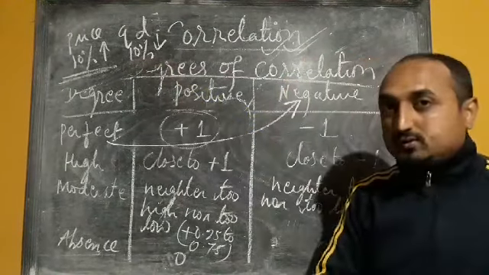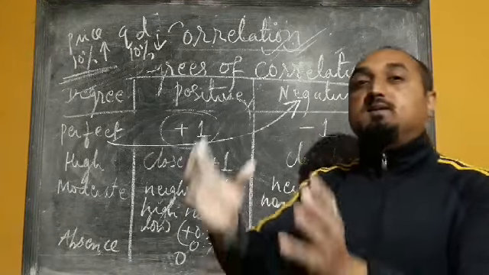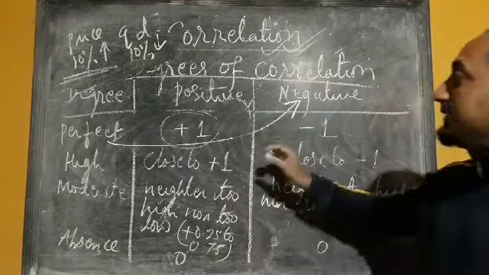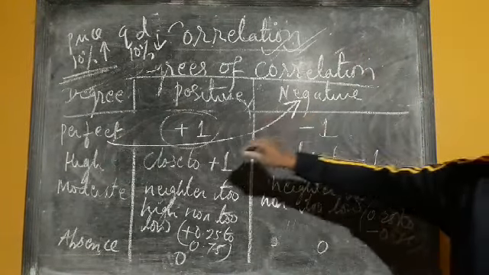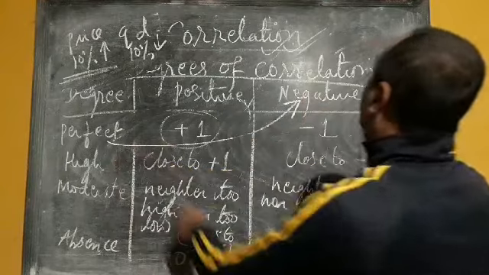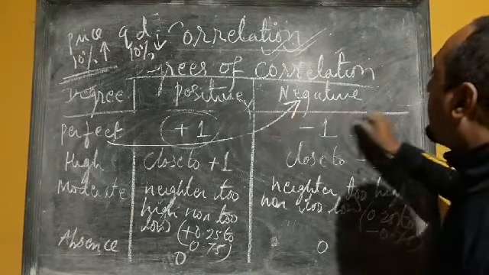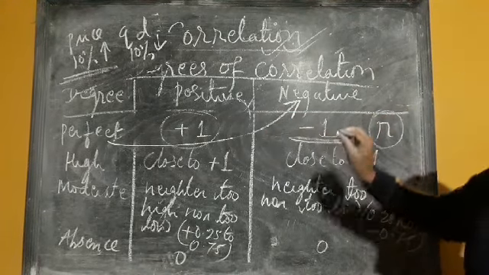So though there is a change in the value of variables by the same proportion, they are moving in the opposite direction, so that's why it is called perfect negative correlation. Okay, perfect negative correlation. And in the case of perfect negative correlation, the value of r will be minus 1.